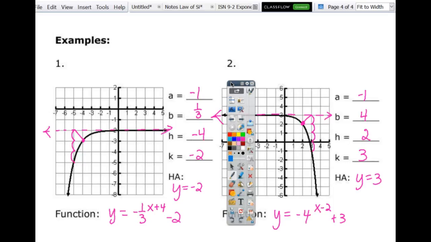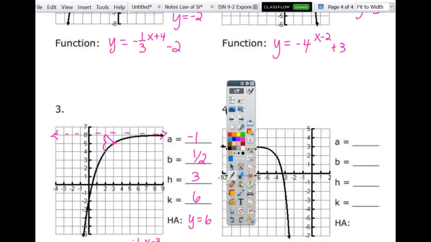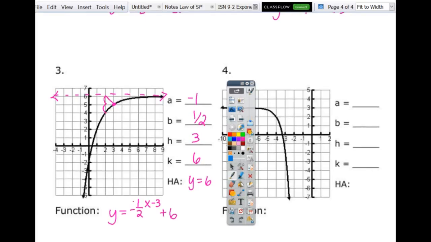So the H said this point is supposed to be on the y-axis. So wherever this point is, I just count. Okay? All right. I'm going to come back. I want to see the notes that I put at the beginning of this class. I'm going to take a look at those, and then I'll explain to you.